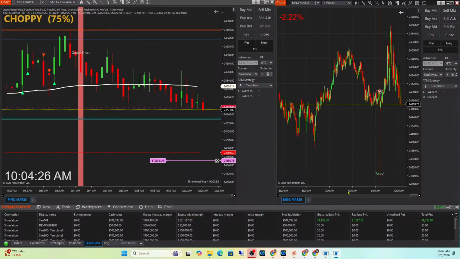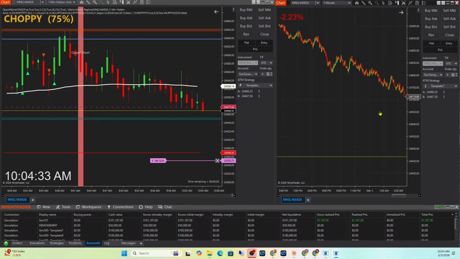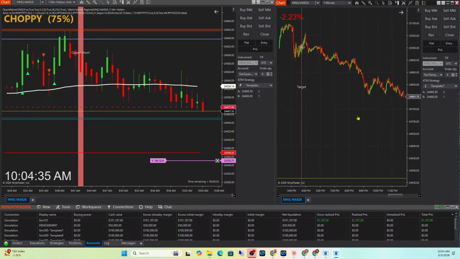Of course, look at this big move in the morning. I don't know how many ticks the market moved this morning. Crazy. Look at this.